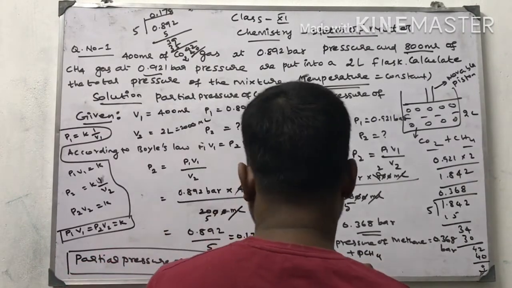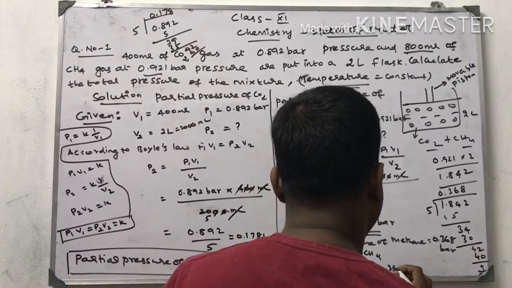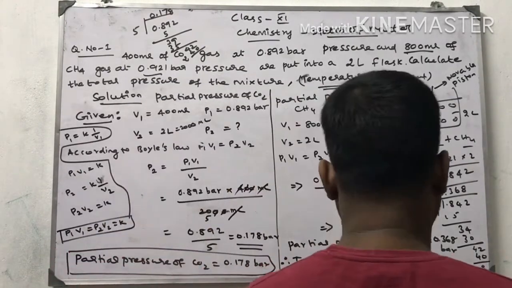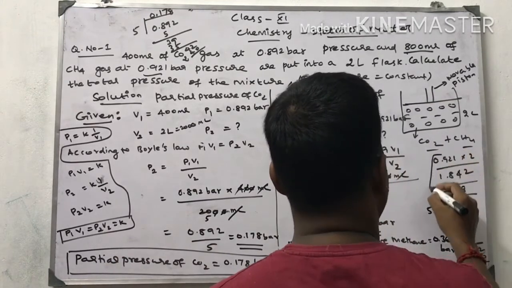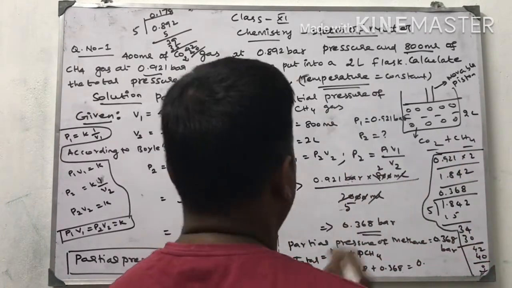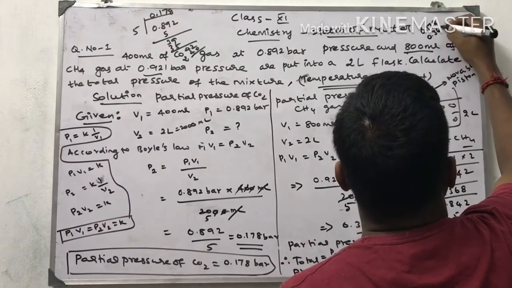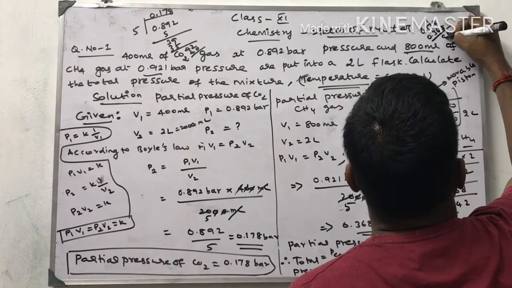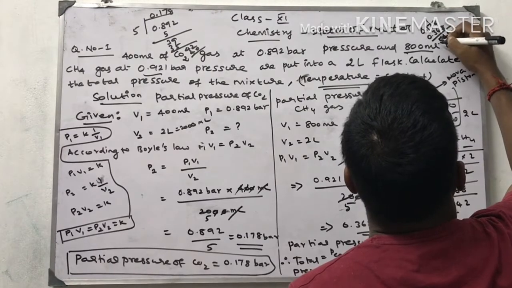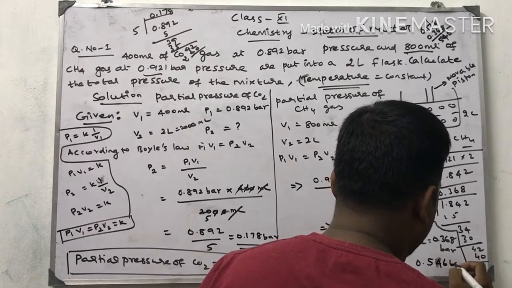That is equal to 0.178 plus 0.368, which is equal to 0.546 bar.